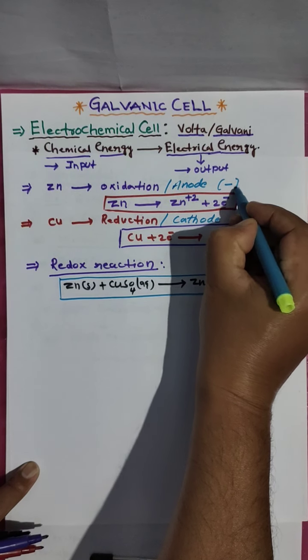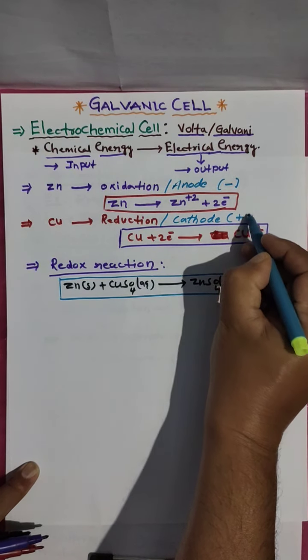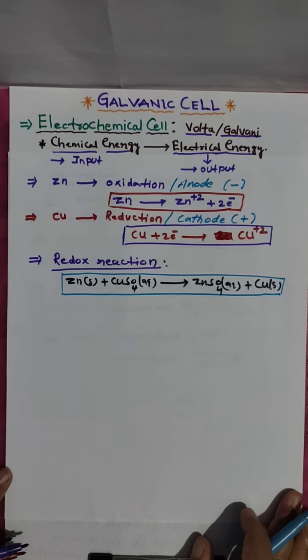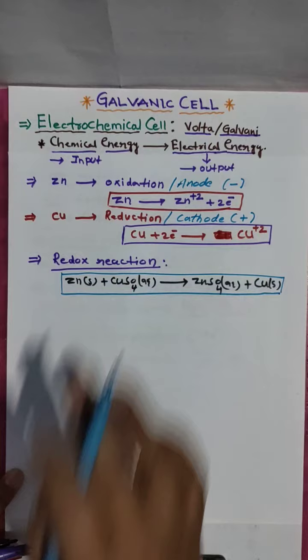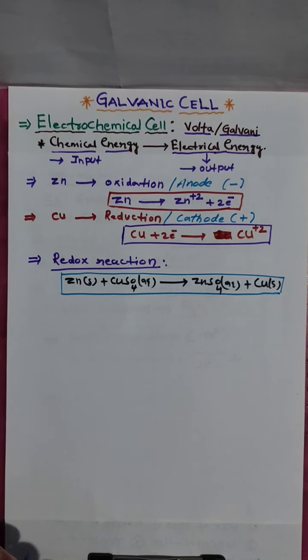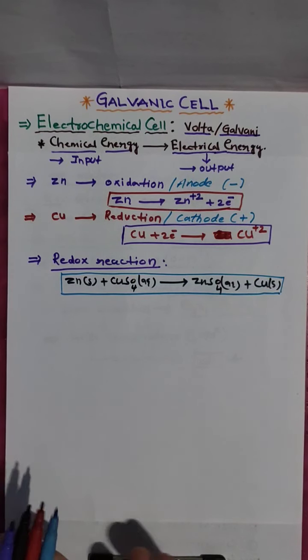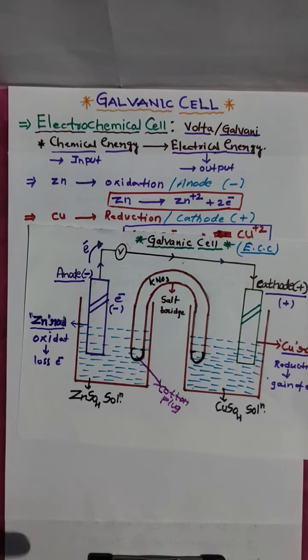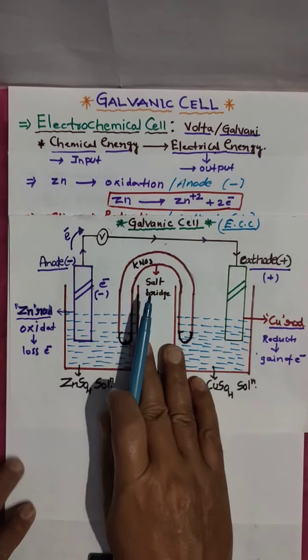But the signs are very important. Anode here is negative, cathode here is positive. Clear? And this is about cell reactions. And here electrical energy, that is electrons, will flow through the external circuit from Zn to copper.